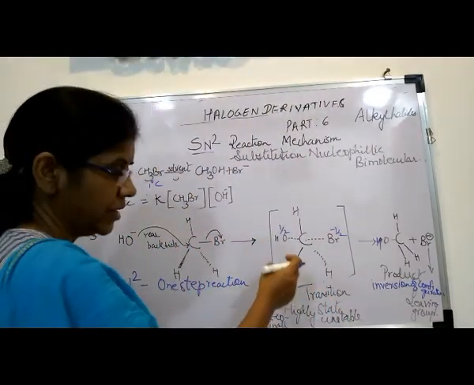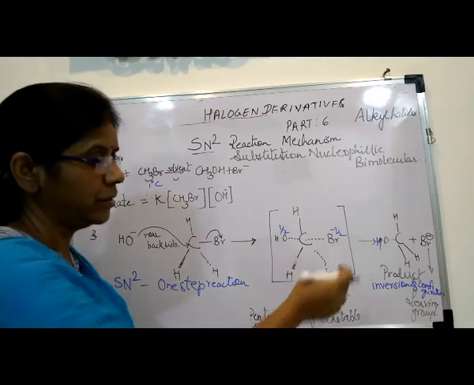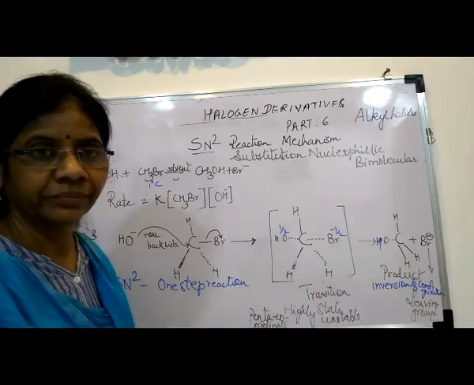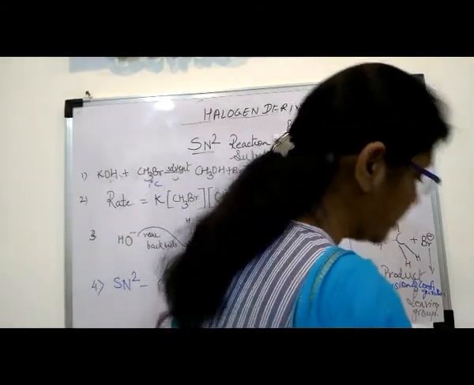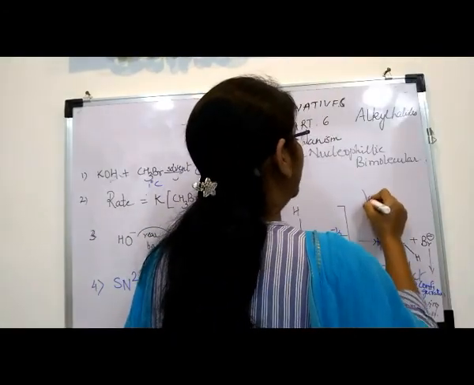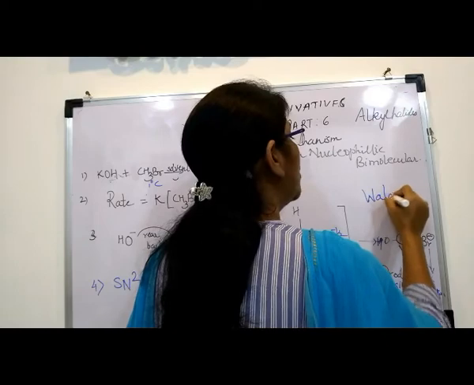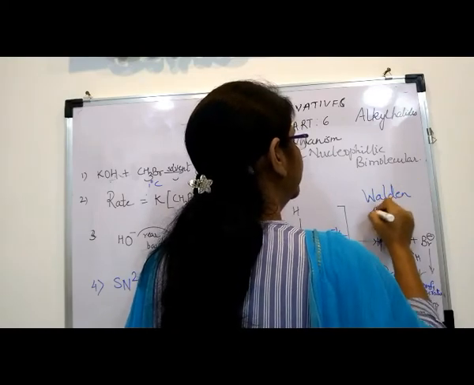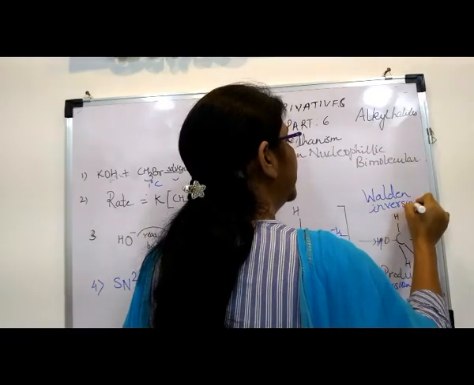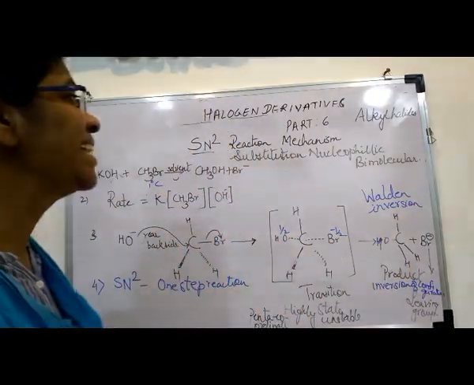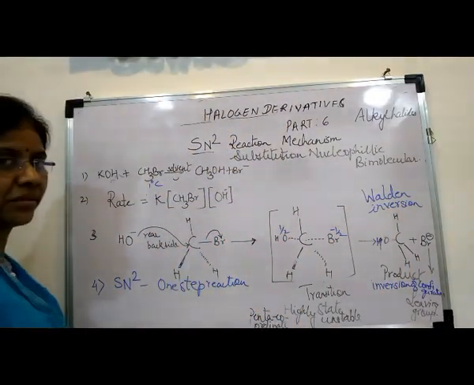It is just like I told you, the umbrella turning inside out, correct? And that configuration was also studied by Walden, and therefore it is also called Walden inversion. So these are the peculiarities of the SN2 reaction mechanism.